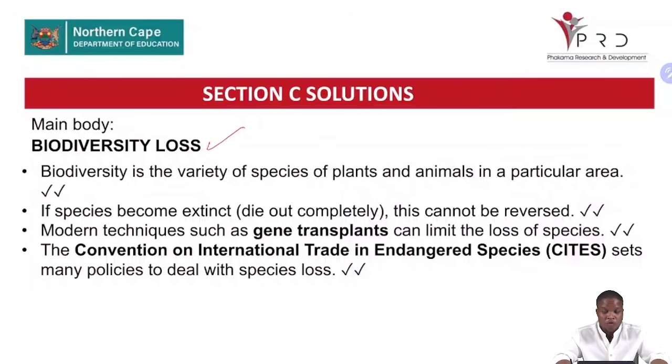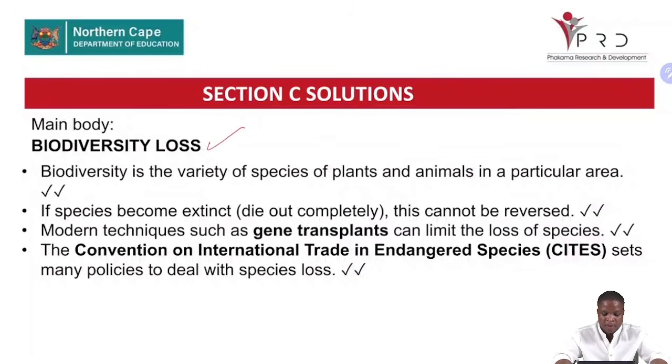So for us not to lose them, modern techniques such as gene transplant can sometimes be used to limit the loss of the species. So they are using modern techniques where they're taking the DNA of this, if it's an animal species, and then they are trying to ensure that we do not lose them for good, right?